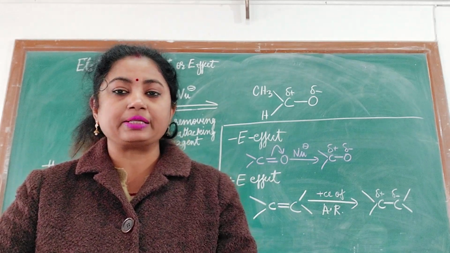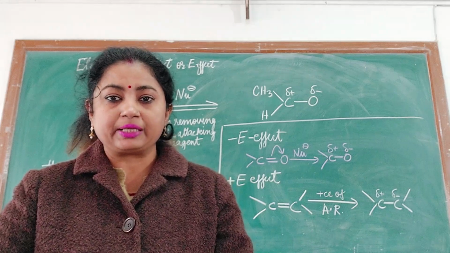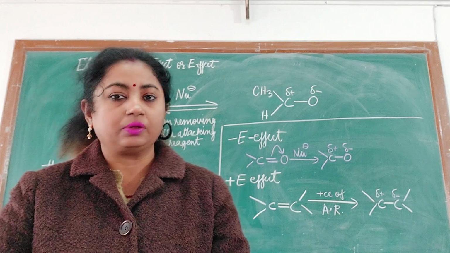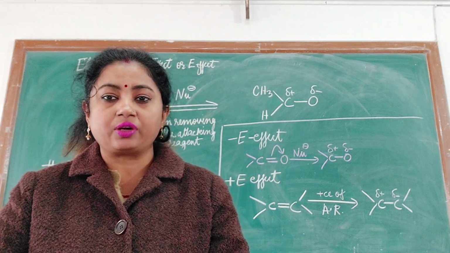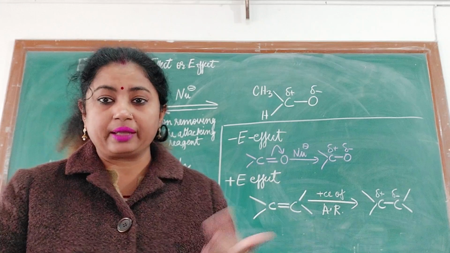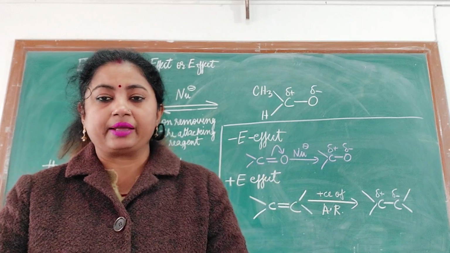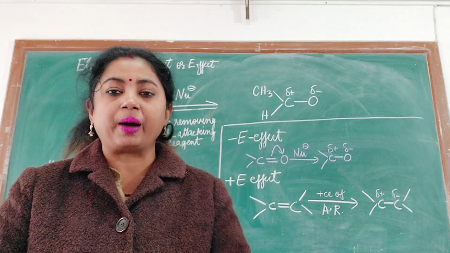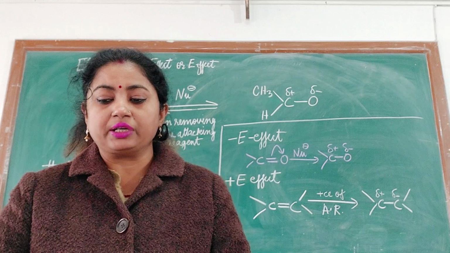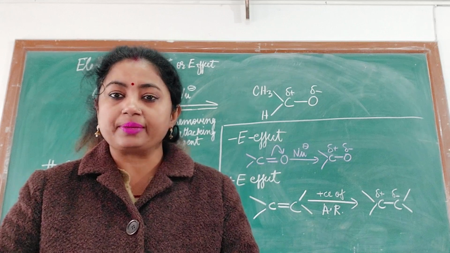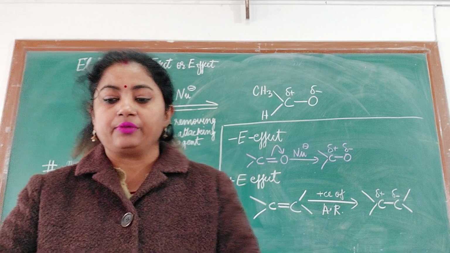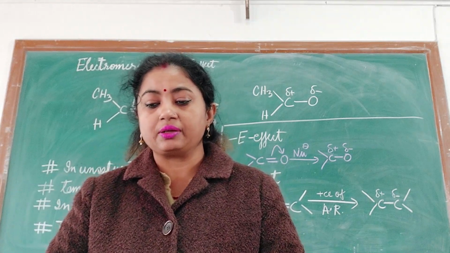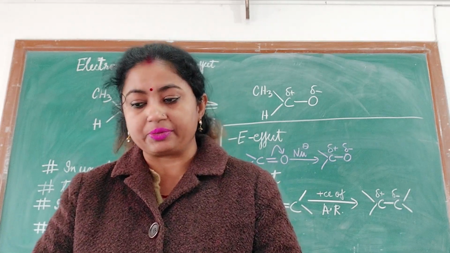Next is your plus E effect. Here you can see both are carbon. Then what will happen? Here we find the plus E effect, where there is a transfer of pi electrons towards one of the similar atoms.